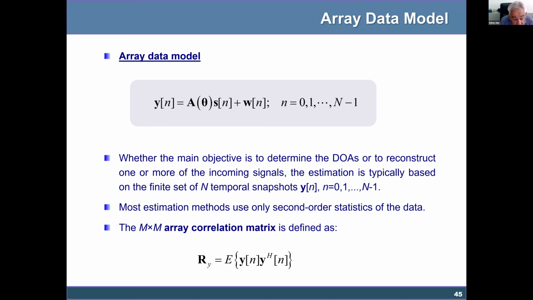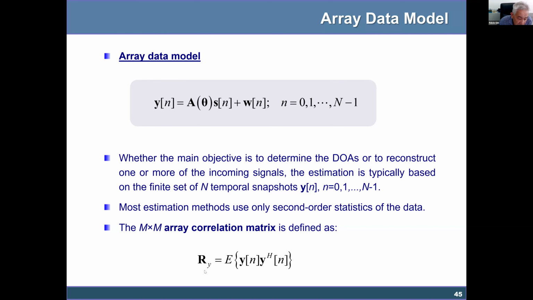And if the process is zero mean, obviously the second-order statistic that matters is the array correlation matrix or array covariance matrix, because, I repeat, since Y is zero mean, correlation or covariance is the same.